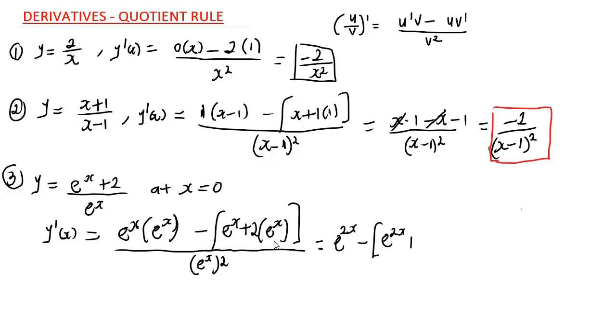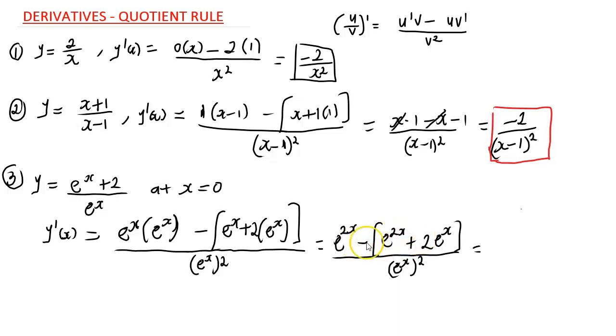So this is going to be negative e raised to the power of s multiplied by e raised to the power of s, which gives us e raised to the power of 2s, then plus 2 e raised to the power of s. So this is divided by e raised to the power of s, then raised to the power of 2.